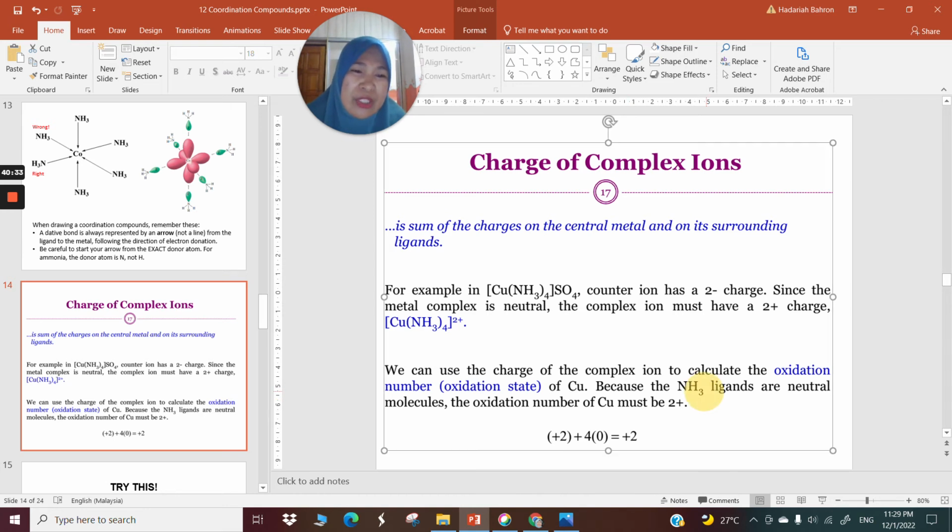Because the ammonia ligands are neutral molecules, the oxidation state of copper must be 2 plus, because plus 2 of your copper added with 4 of 0 from ammonia is equal to plus 2. So if you don't know what this is, you put that as x, so x is equal to plus 2.